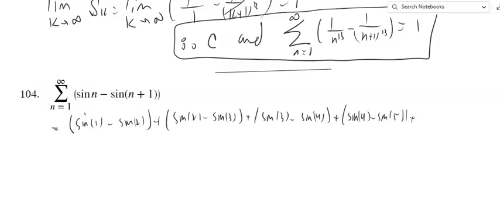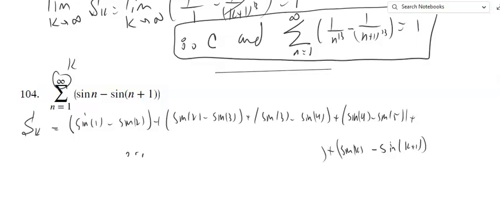The list goes on. The very last term, again, we're going to take k terms out of those. So instead of here, we're going to stop at k. So the last term will be sine of k plus 1 minus sine of k.